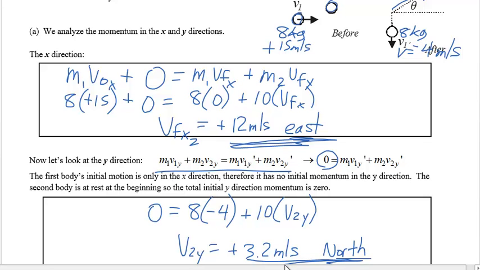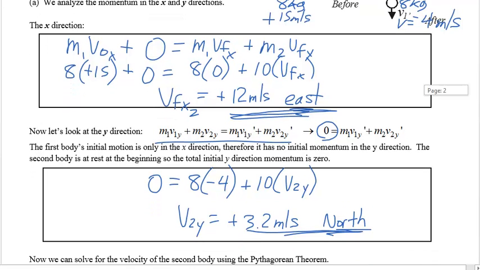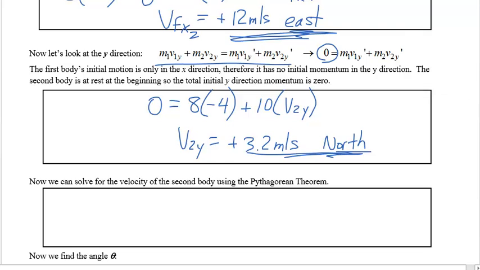So think back to projectiles. If let's say we start the ball here where it was at rest, we know that it is moving to the east at 12, it's moving to the north at 3.2, therefore this would represent the actual final velocity of that second object.